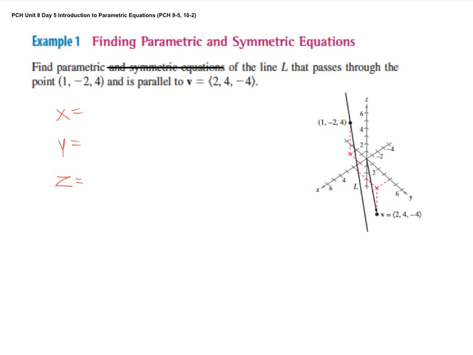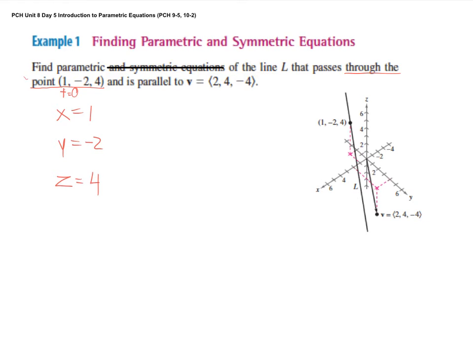So notice here, I have x. When we say it goes through the point, we're going to assume that that's when t equals 0. We're going to let t equal 0 there. So notice what I do when I'm writing my parametric equations. Watch this. I'm going to put down the coordinates of that starting point as the first part of my 3 equations.